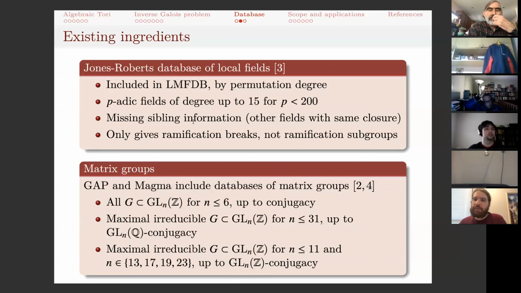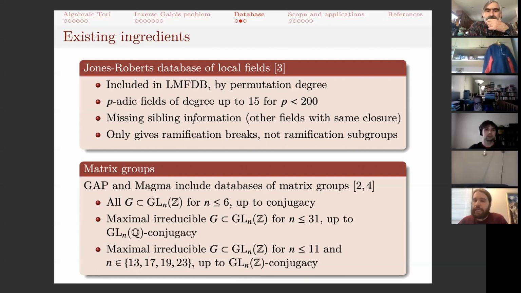One way to think about that is a transitive permutation representation of your Galois group, where the degree is bounded by 15. For the groups that show up for us, some will lie inside this range, but others will not. Even if you go up through tori of dimension 4, there are examples where the minimal permutation degree of that Galois group is larger than 15. So we need to extend these tables.